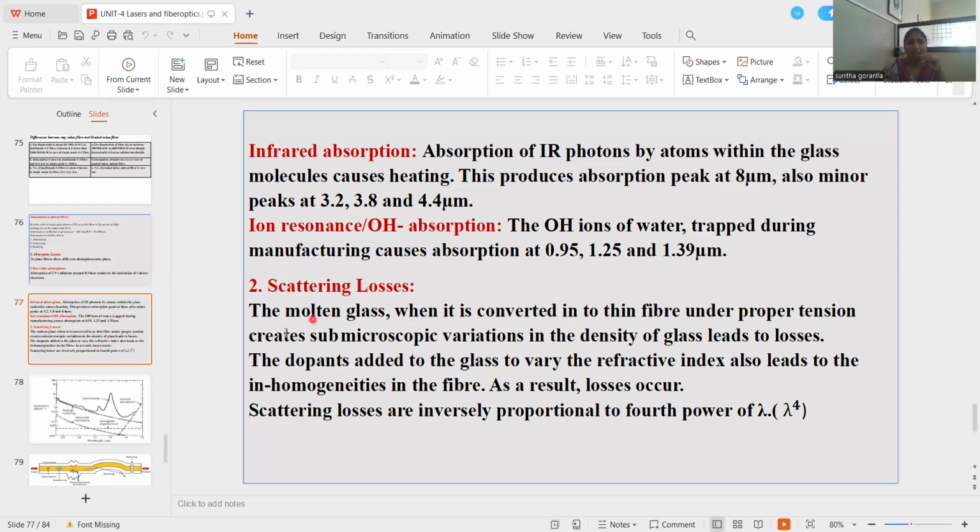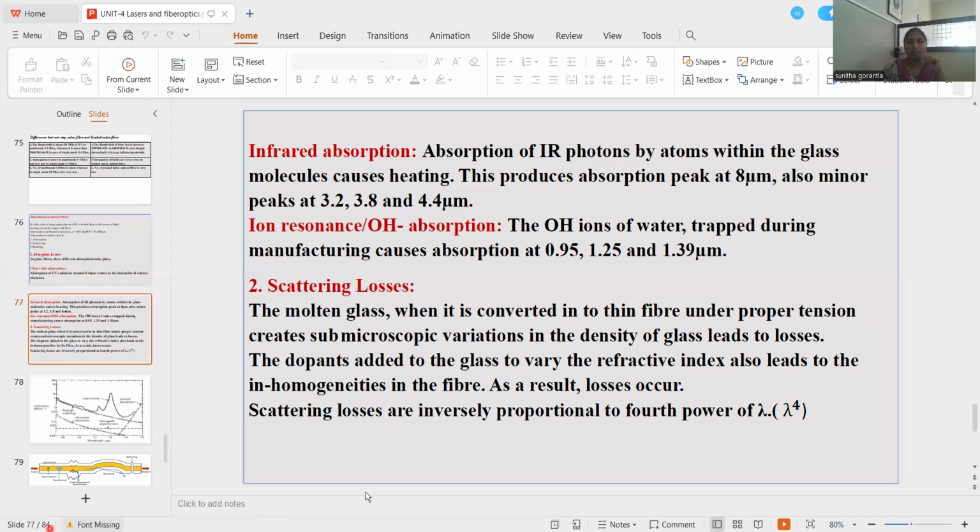Next, scattering losses. When molten glass is converted into thin fiber under proper tension, it creates submicroscopic variations in the density of glass, which leads to losses. Second, the dopant added to the glass to vary the refractive index also leads to inhomogeneities in the fiber. As a result, loss occurs.